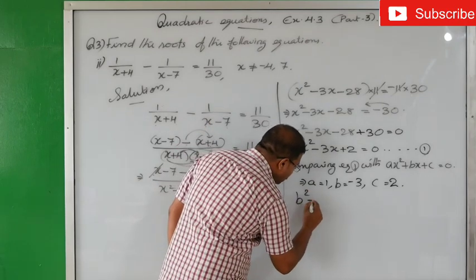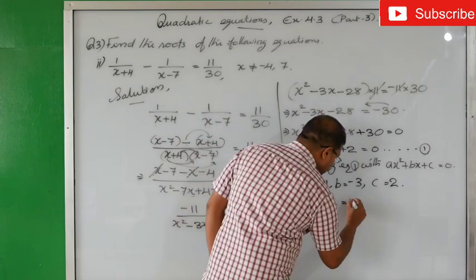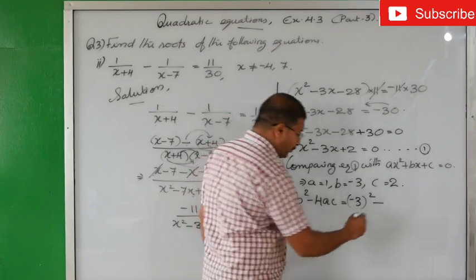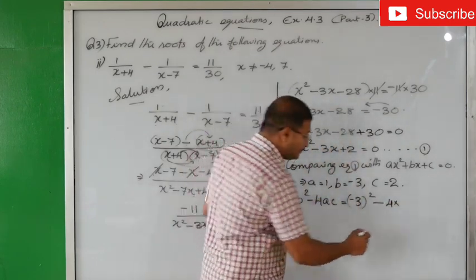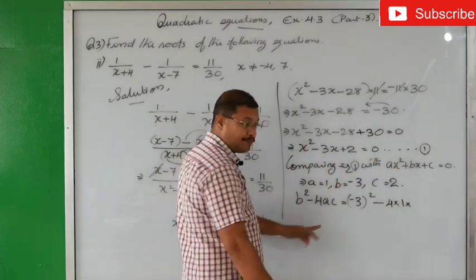b square minus 4ac equals, what is the value of b? Minus 3 the whole square, minus 4 into, what is the value of a? 1, into the value of c, 2.